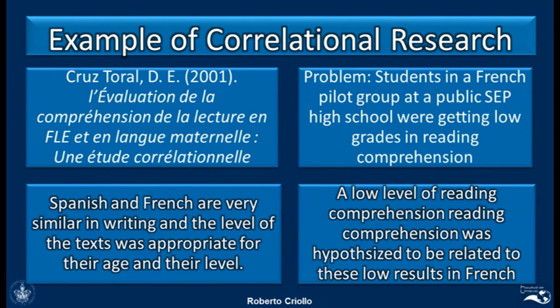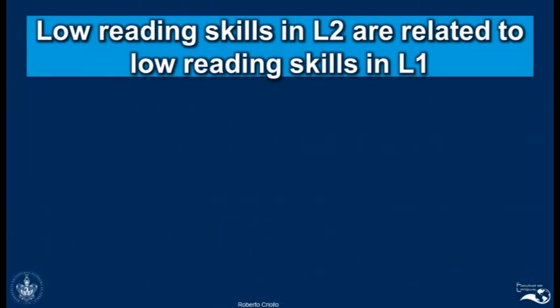There was clearly a correlational hypothesis that L1 and L2 reading comprehension were related, and therefore that was the reason why the students got low results in French. So what did we do? We set out to test this hypothesis. This is the hypothesis: low reading skills in L2 are related to low reading skills in L1. So the students are bad readers in Spanish, and therefore they are also bad readers in French.